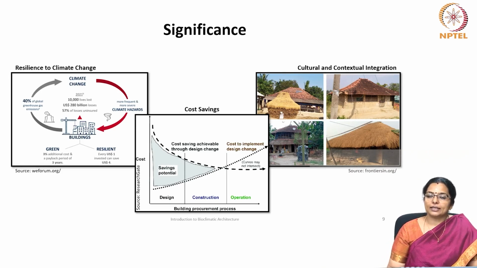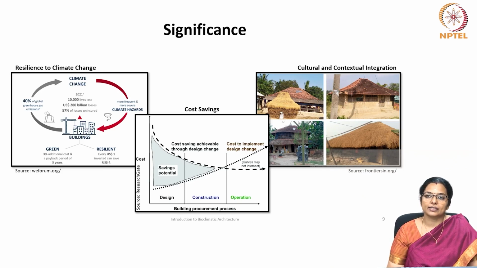The fifth significance is the cost savings. Over the long term period, bioclimatic buildings can save significant costs related to energy bills, maintenance, and upgrades. While initial construction cost might be significantly higher due to specialized design features, the ongoing savings and benefits will outweigh these expenses.